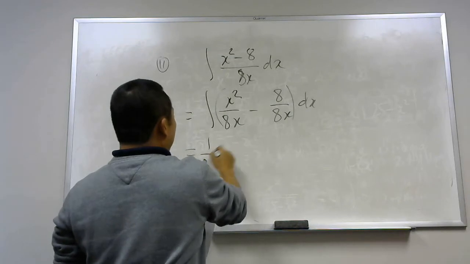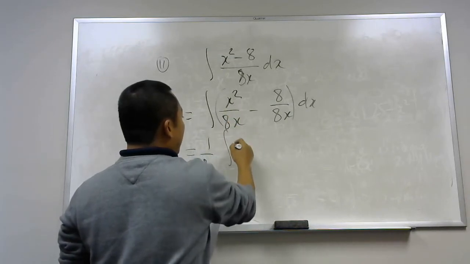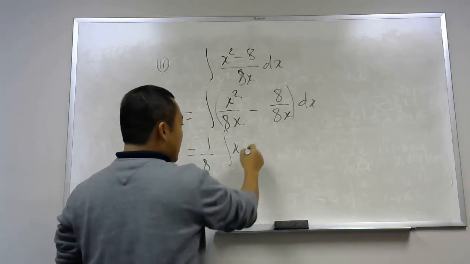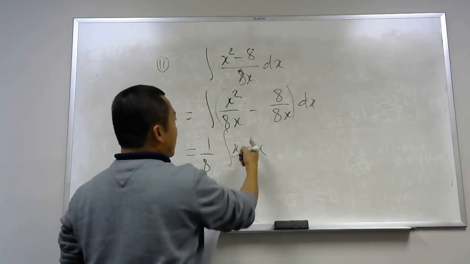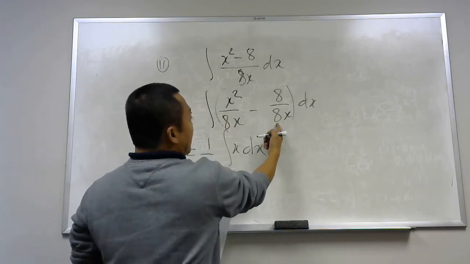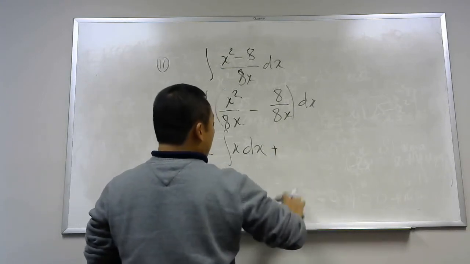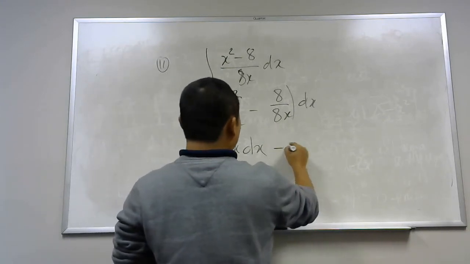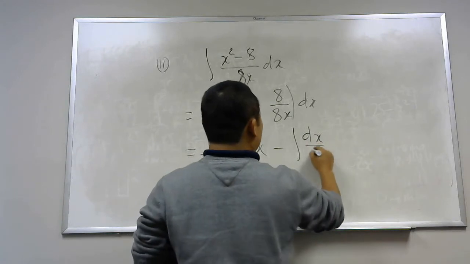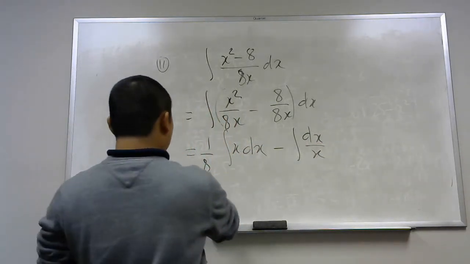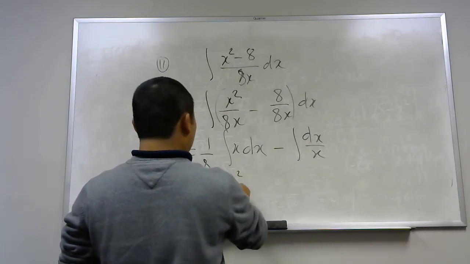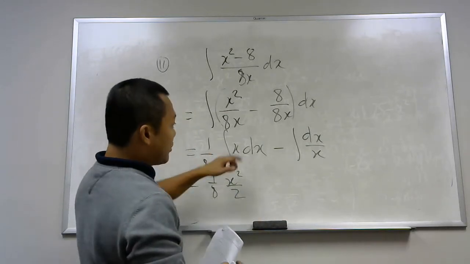That's 1 over 8 integral of x squared over x, which means just x, right? Just x dx. The second one, a with a will be cancelled out, but I have a negative in here, so negative dx over x. That's it. And here I have 1 over 8 times x squared over 2 because the power here is 1.